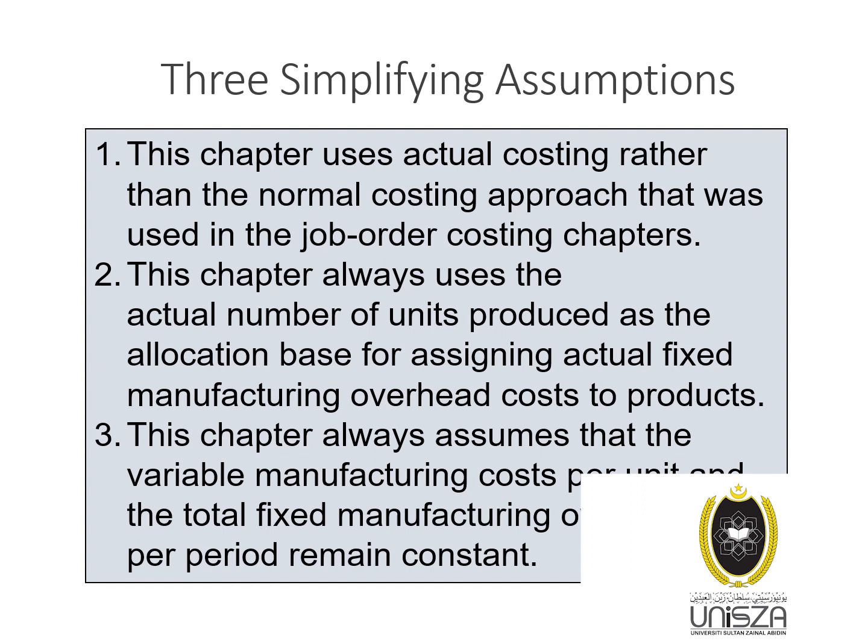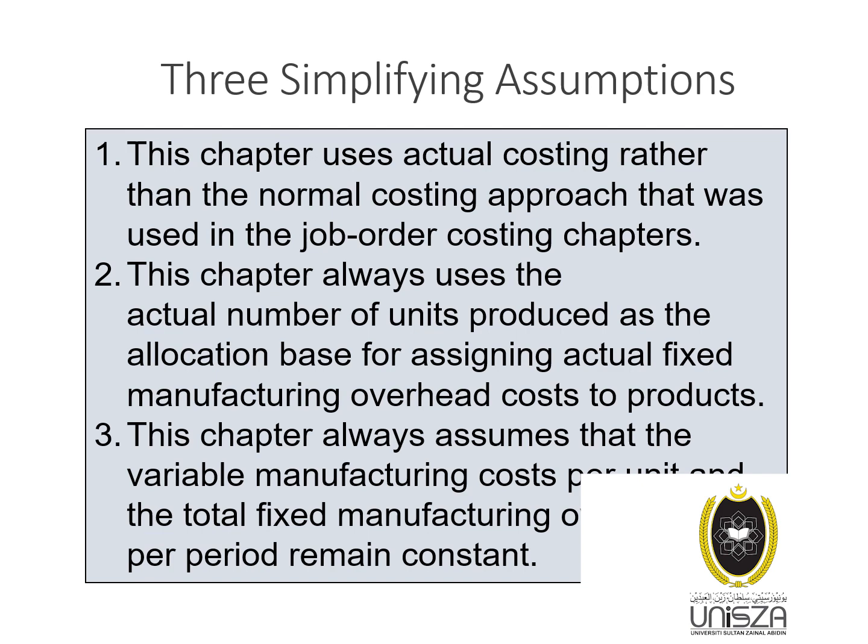The second assumption, this chapter always uses the actual number of units produced as the allocation base for assigning actual fixed manufacturing overhead costs to products. And the third one, this chapter always assumes that the variable manufacturing costs per unit and the total fixed manufacturing overhead costs per period remain constant.